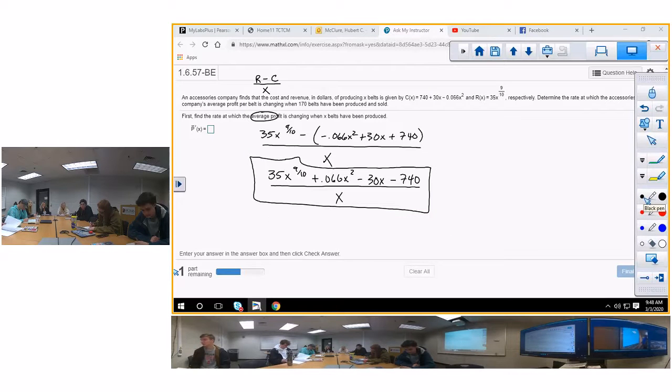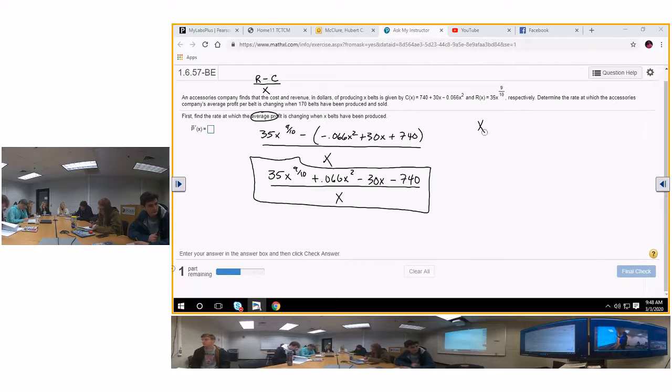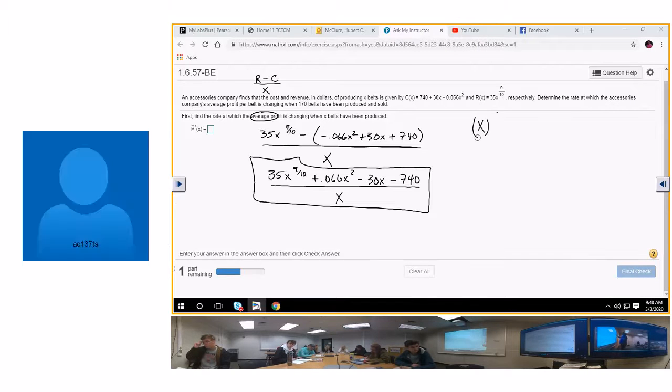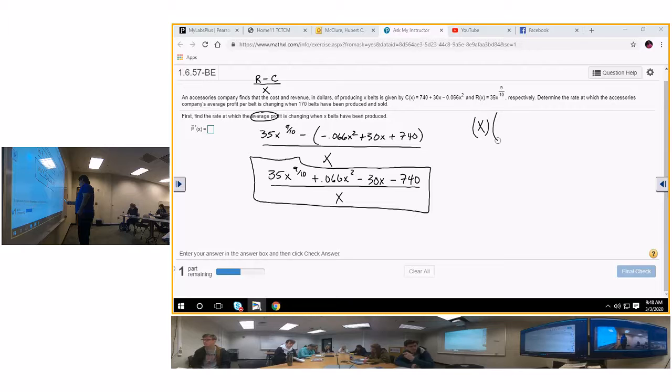So denominator times numerator prime, and I'm just going to write that in blue.